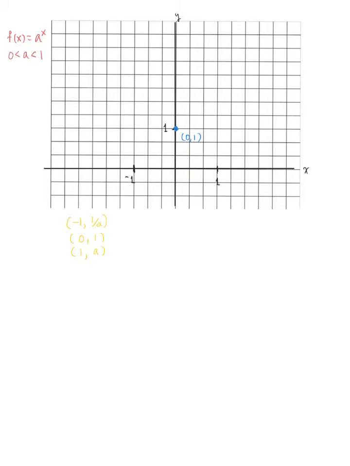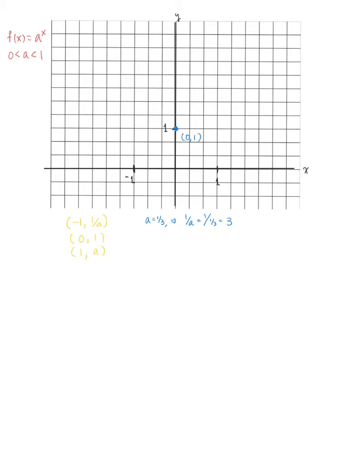If a is 1/3, then 1 over a is 1 over 1/3, which gives us 3. So in fact, our 1 over a is going to be bigger than y equals 1. Keep that in mind.